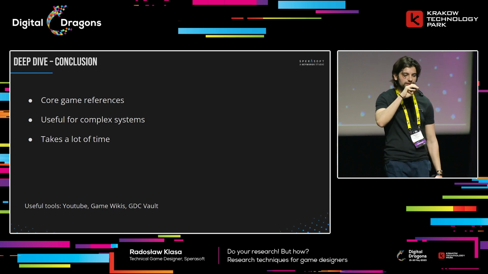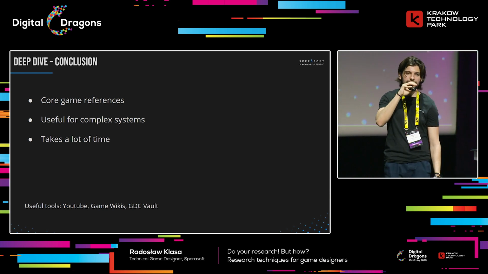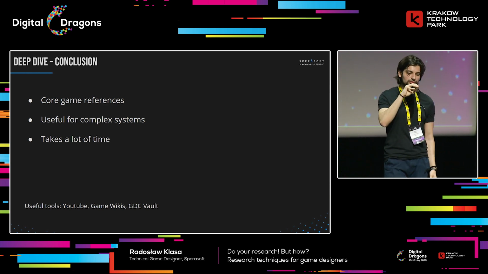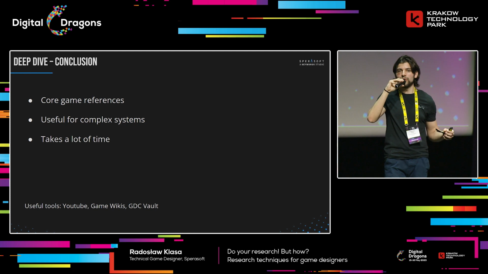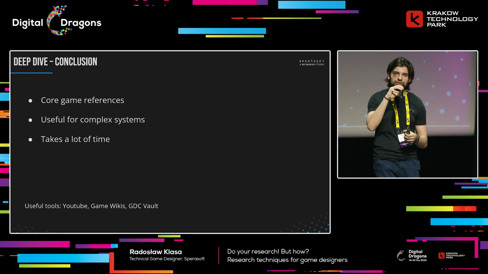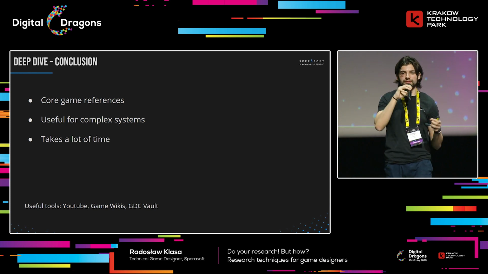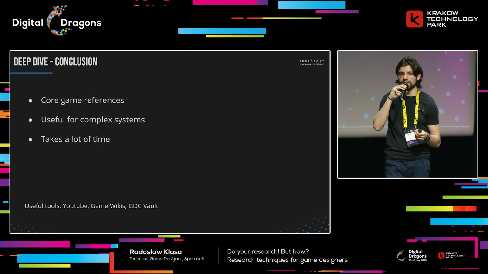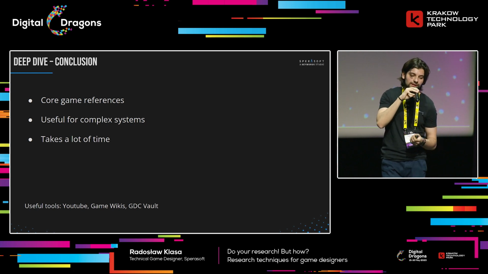So, concluding the deep dive technique, it's about finding some core game reference that we're going to really dive deep into, see all the mechanics and how they work, and try to get very detailed information about the timers and the animation frames, for example.